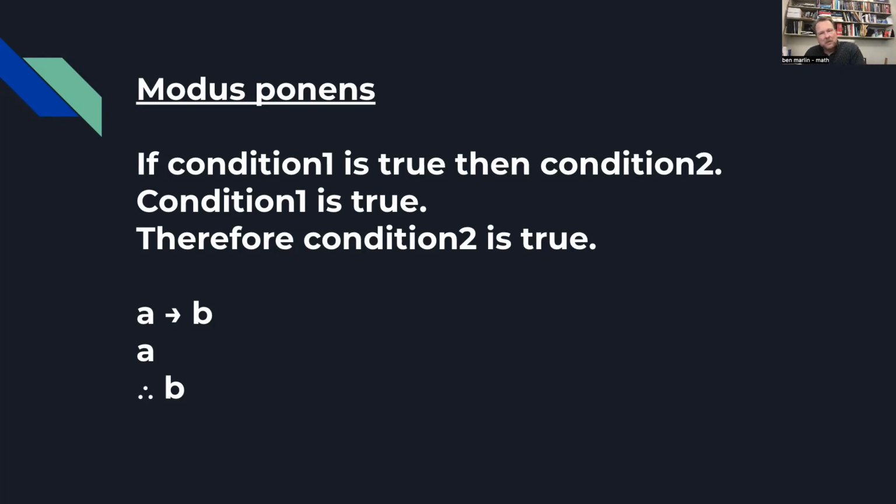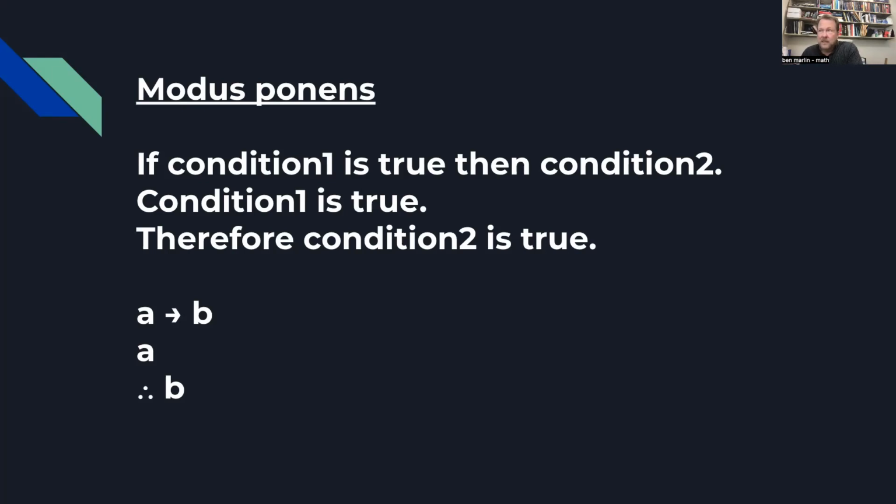There are names for each of these pieces, and I've forgotten what you call the 3 pieces. But you say, if condition 1 is true, then condition 2 is true. And then you have some way of knowing condition 1 is true, and that tells you condition 2 is true.